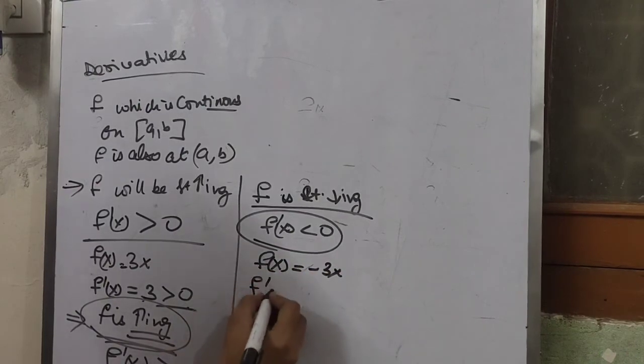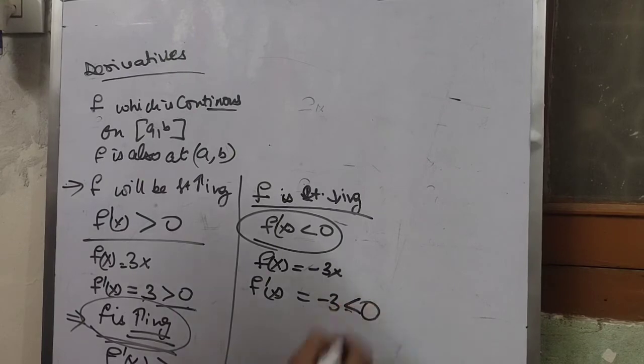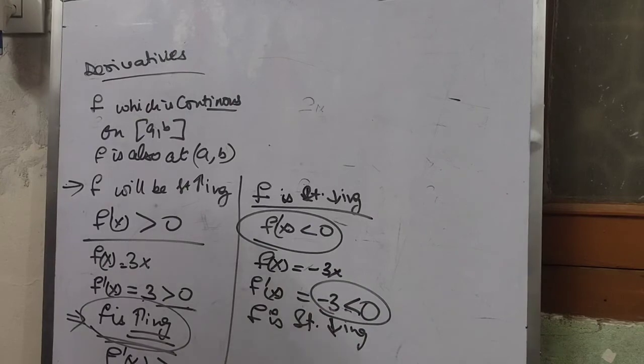So my f dash x will become minus 3, which is less than 0. So I will say my function is strictly decreasing, because I received a negative value which is totally less than 0, not equal to 0.